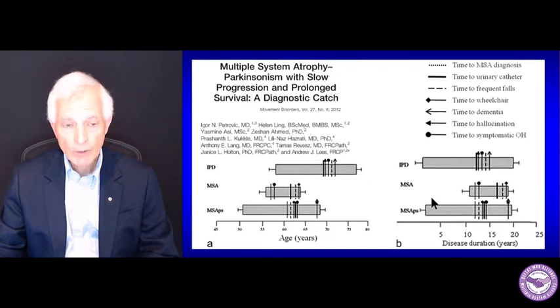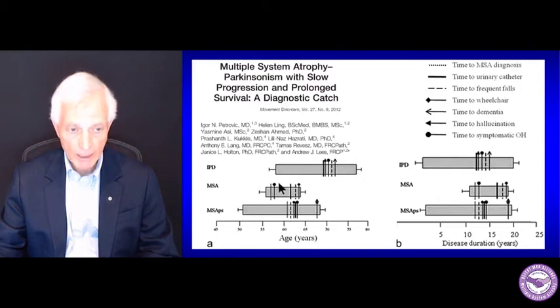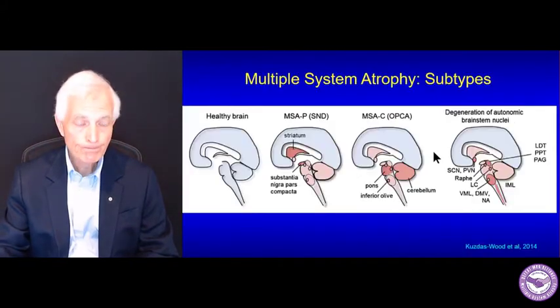And one of the characteristic features that predicts this course, this line with the black dot at the top here, shows you that the development of orthostatic hypotension, that blood pressure falling when patients stand up, and the tendency to faint, is a late manifestation in patients with prolonged survival. So if it's early in the first few years, that tends to predict a shorter survival, but if it's delayed, patients may live considerably longer.